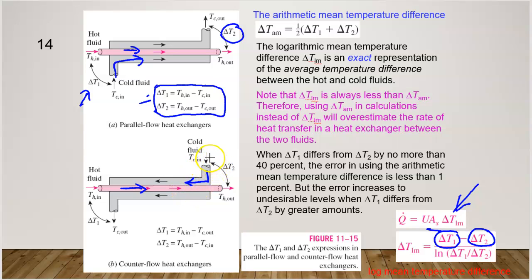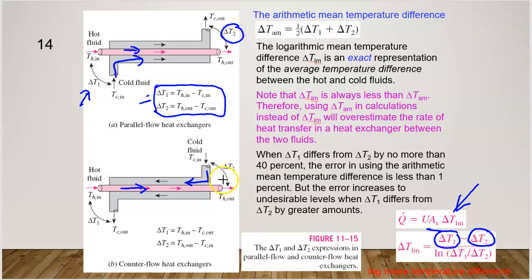Then over here we have a TC in and we have TH out. So here this is delta T2, okay, delta T2. So TH out minus TC in, we have a delta T2. Okay, why is this delta T2 and not delta T1?